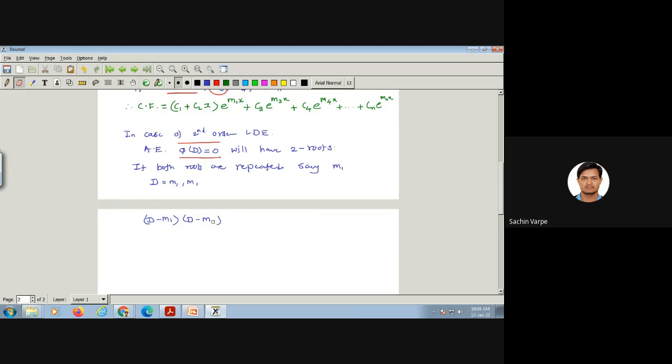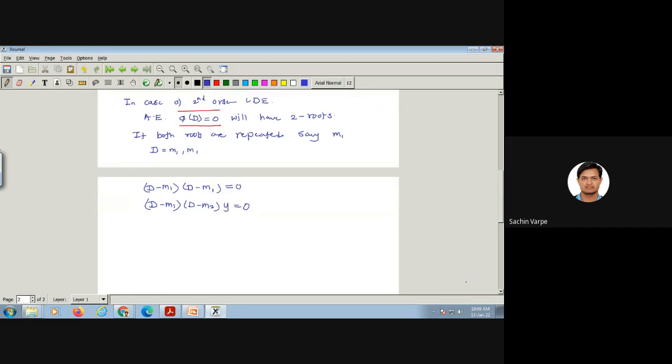This is m1. Okay. So this is the factored form of phi of D equal to 0. So what we do, we consider its homogeneous differential equation first. That is (D minus m1)(D minus m2) y equal to 0.